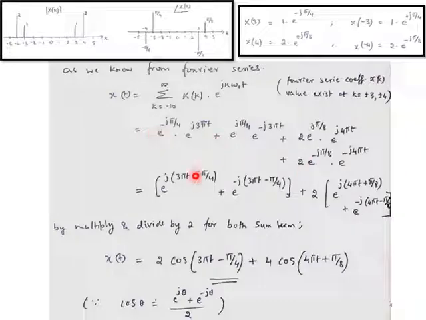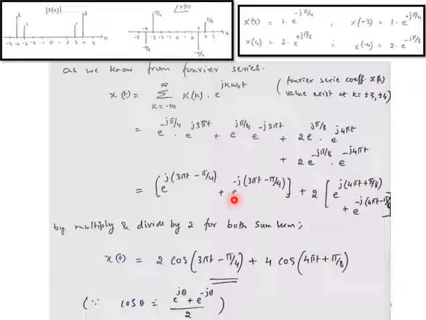I'll simplify the first term: I'll take e to the power j, and the remaining I'll write inside the bracket, that is 3 pi t minus pi by 4. I'll combine these two together. Here too, I'll consider them together and merge them.